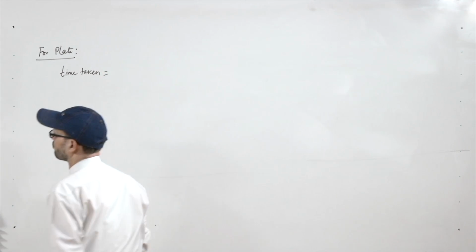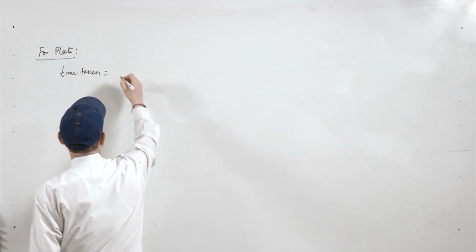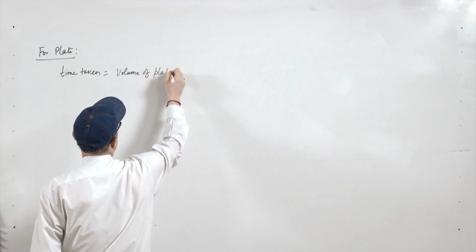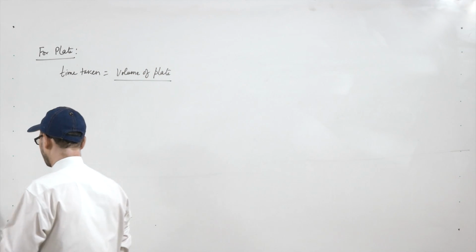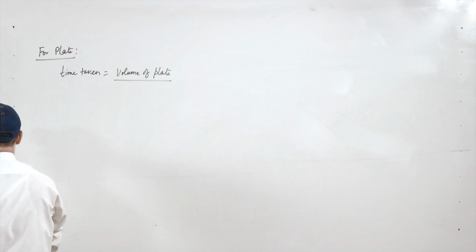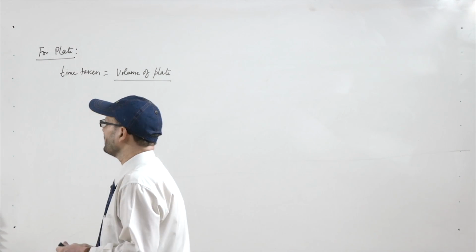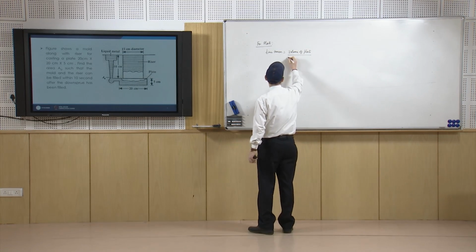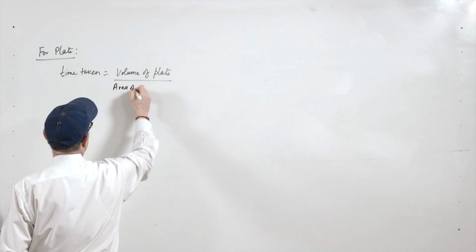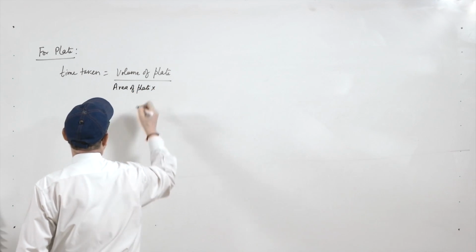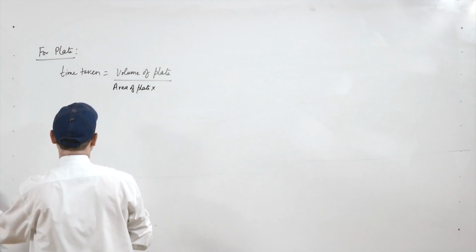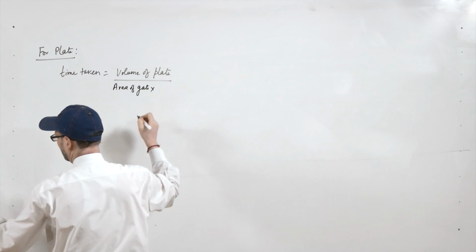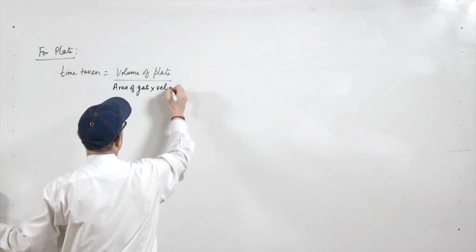will be volume of the plate divided by the volumetric flow rate of the plate, that is area of the plate, this is the area of the gate, into velocity at gate.